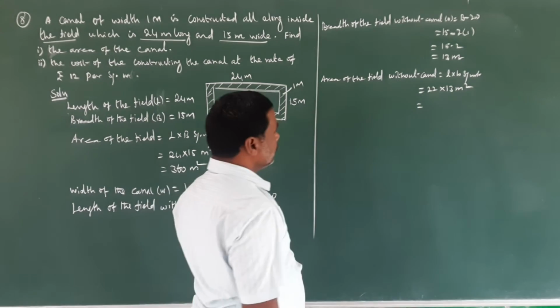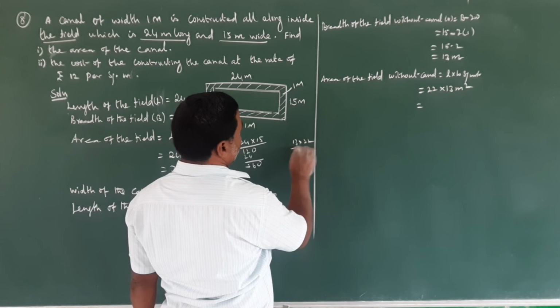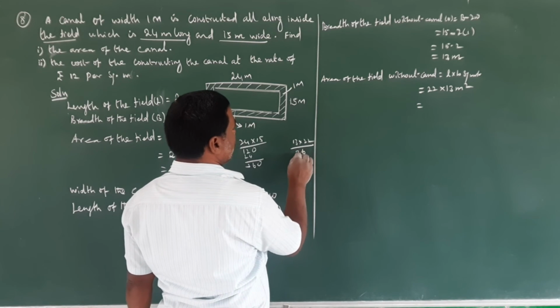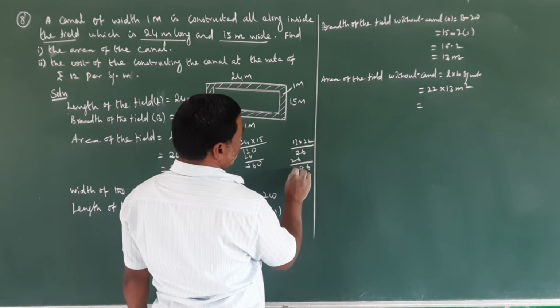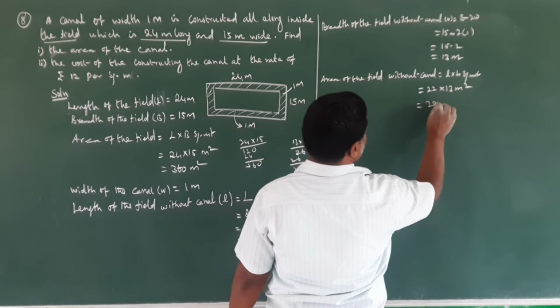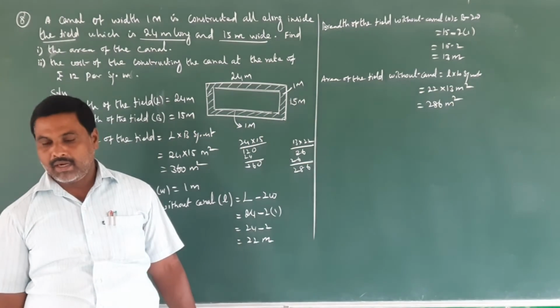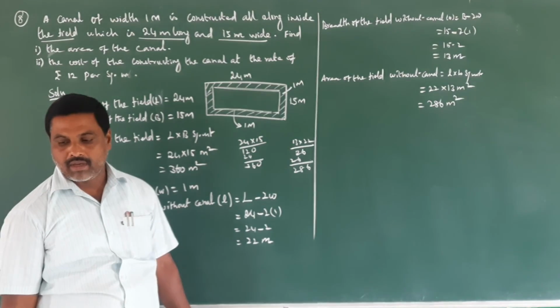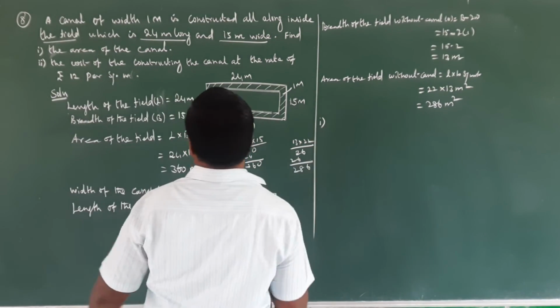Multiplying 22 into 13 gives 286 meters square.